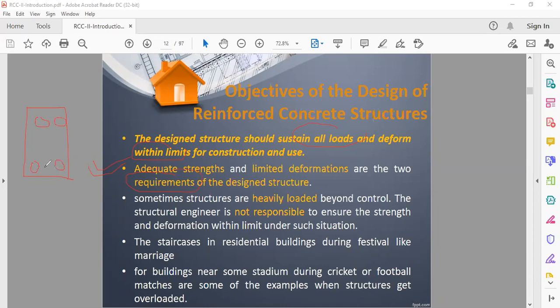If you want more strength, you add one more bar here and one more bar there. That gives the most strength, but what about the cost of it? That's the reason adequate strength is important. And deformation will occur, but it should be within the limits specified by the IS code.